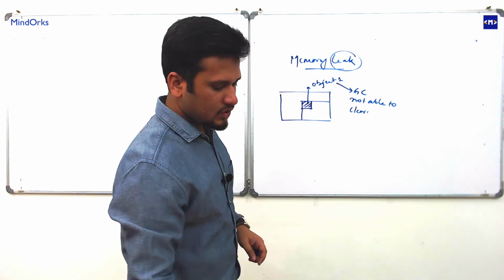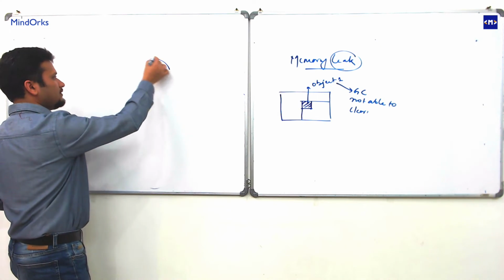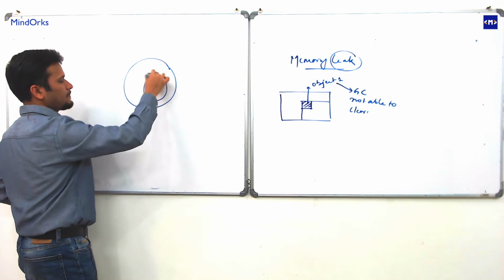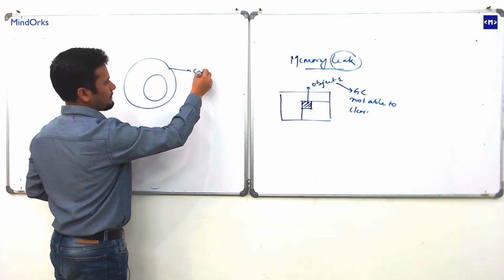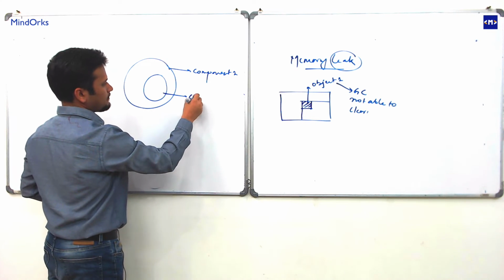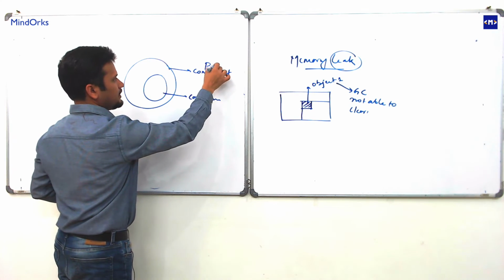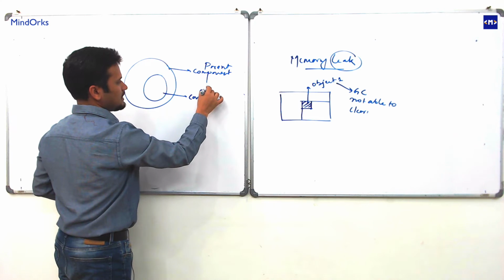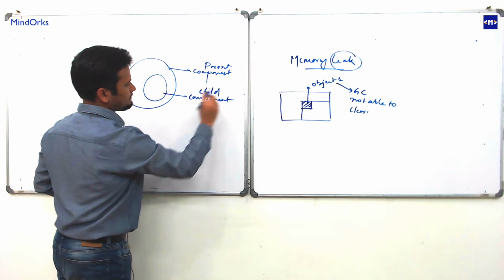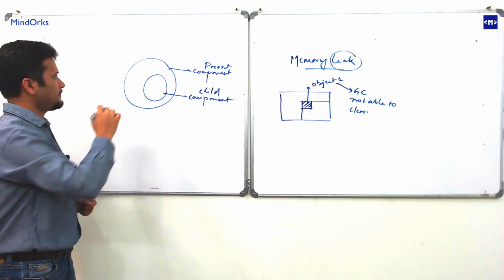Giving you a better definition, suppose you have two components. Suppose this is a parent component and this is a child component. The parent has created the child.